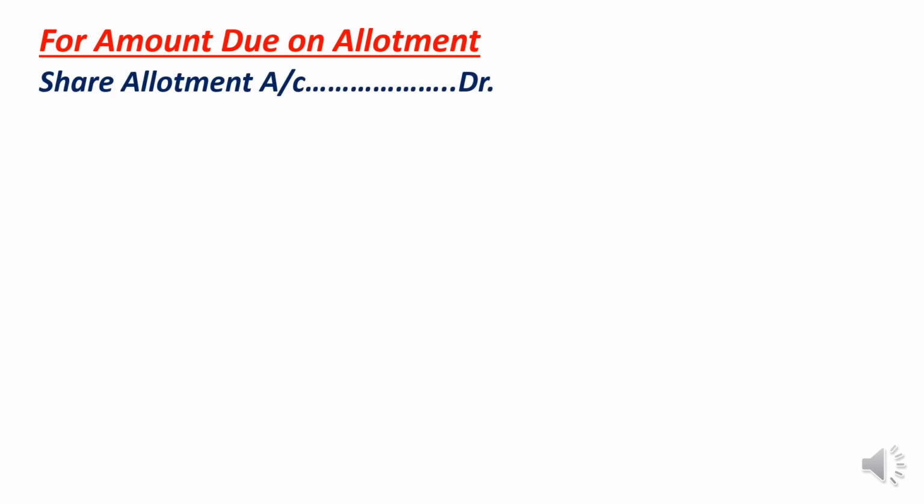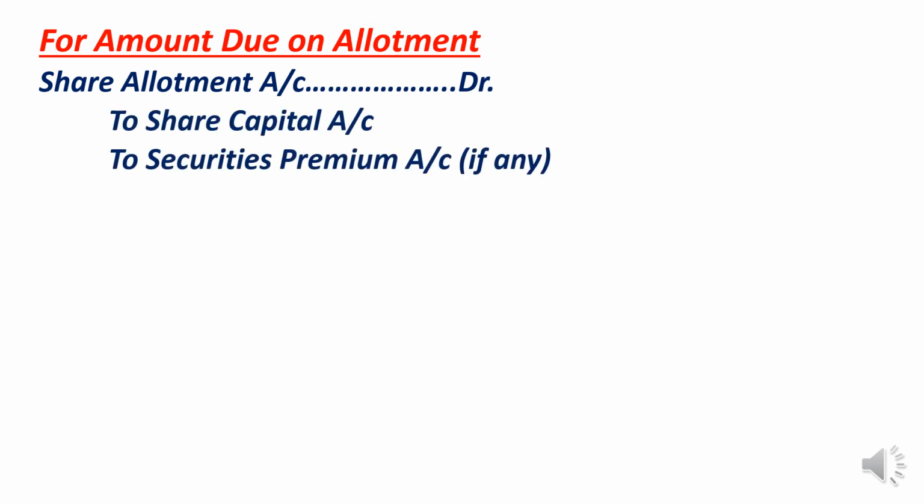So the entry is share allotment account debit to share capital, to securities premium, if any. If we are collecting any premium, that will mostly be adjusted towards allotment. Therefore, we will adjust this amount in allotment only, if any. If it is not there, we don't write. Then the narration: share allotment money due. This is the allotment money due entry, in the sense receivable. We have not yet received this amount.